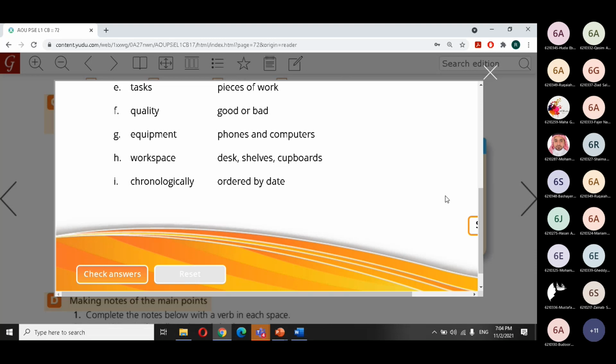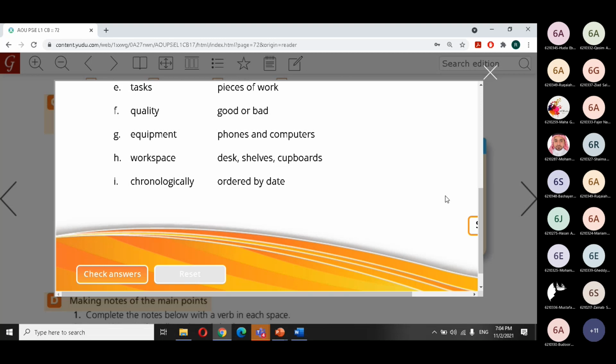Chronologically means by date. This file was on the 1st of October, this was on the 10th of October, so this is first, this is second. When you organize them by date, we call it chronological. When you organize them by name, we say this is alphabetical order.